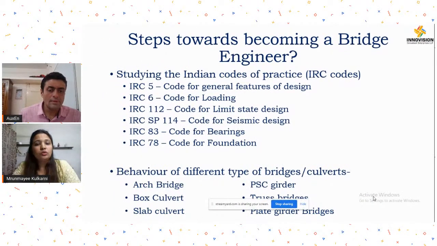IRC5 gives you general features and general terminologies, definitions of various components used in the field of bridge engineering. Then there is IRC6, the code which gives you loading, just like IS 875, which gives you what loadings are to be considered, what are their specifications, criteria, limiting values, etc.